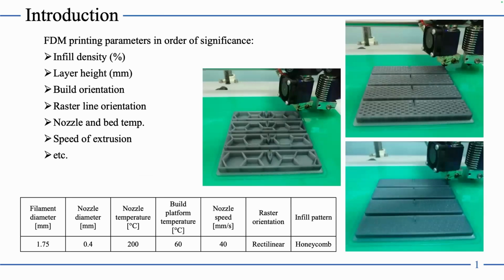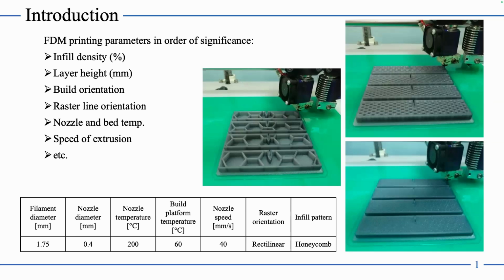So concerning the FDM parameters and their influence, we've discussed it a lot in the project we were a part of, with Professor Milošević and Professor Razavi, and how the parameters actually influence the mechanical results. But here we'll focus on infill density, which is quite beneficial for the use of 3D printing in industry or any other application.